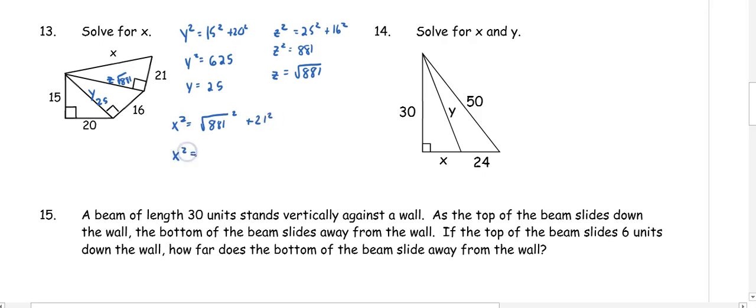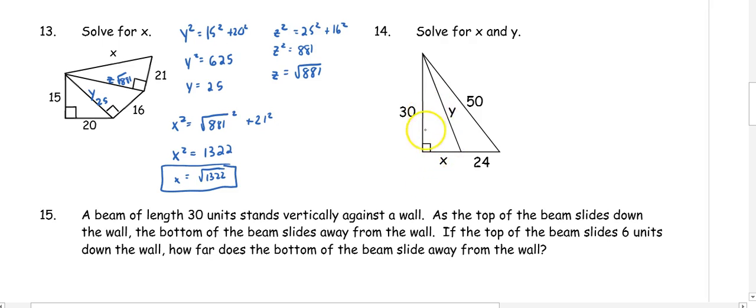So we have x squared equals 1,322. There's no pairs of prime factors, so we're going to leave it as x equals the square root of 1,322.